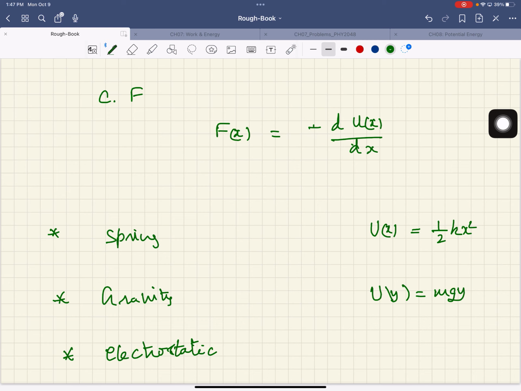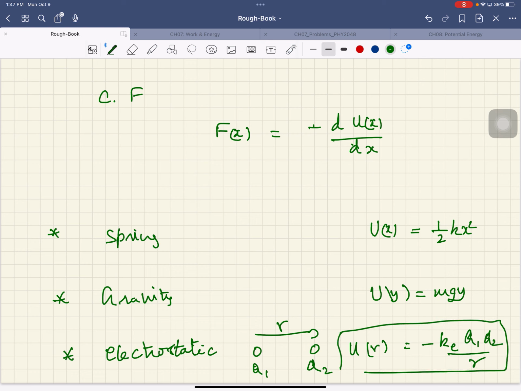And when you get to the next semester, for charges Q1, Q2, R is the distance between them. The potential energy is minus k Q1 Q2 divided by R. But you have to wait till next semester to see that expression.